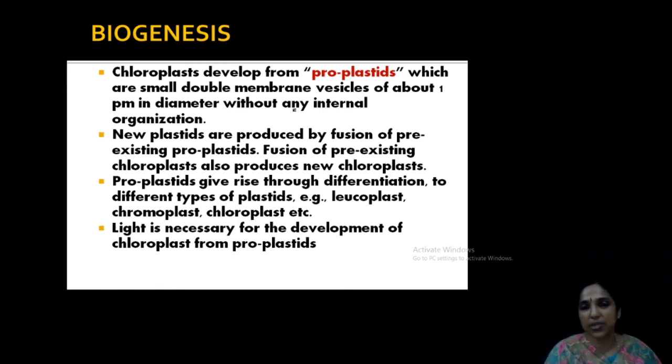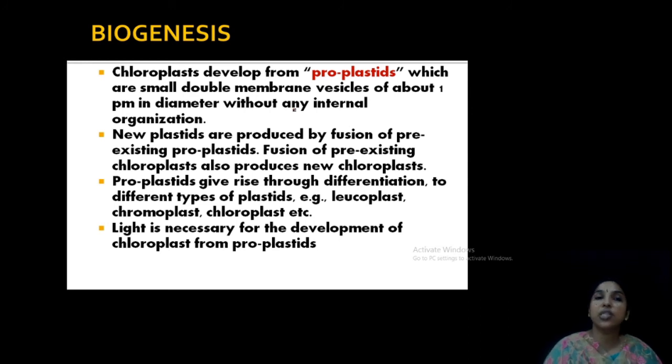First, chloroplasts develop from proplastids, a small group of double membrane vesicles of only 1 micrometer in diameter, very small vesicles, and new plastids are formed by fusion of the proplastids. So they develop from pre-existing plastids.